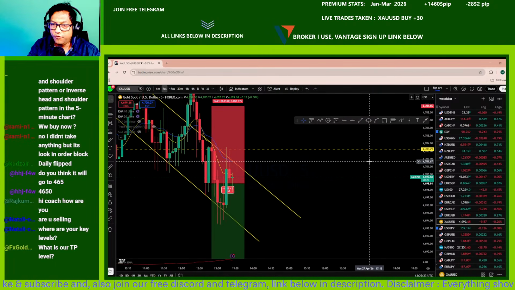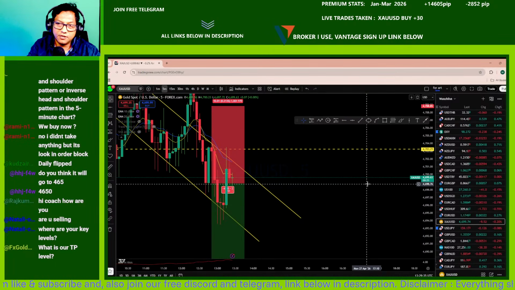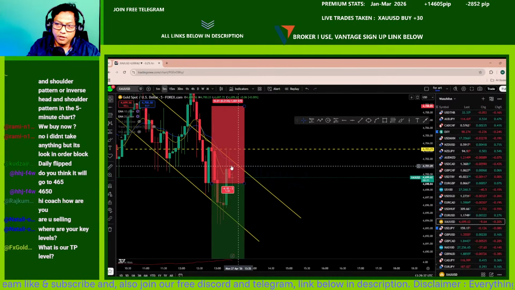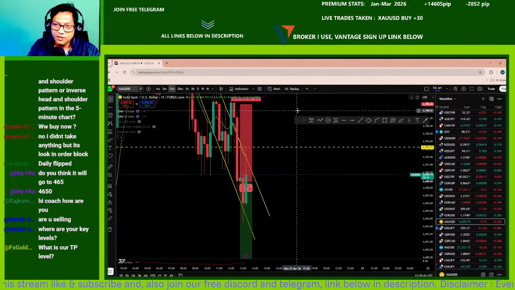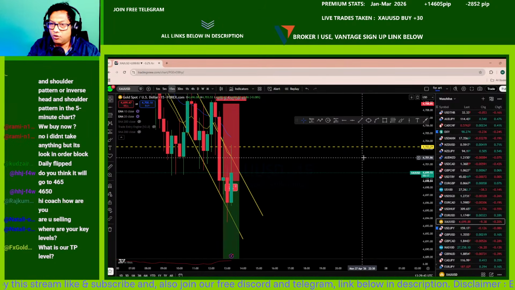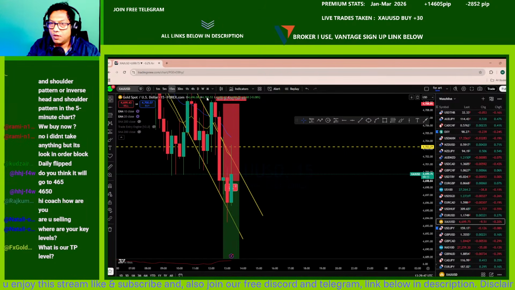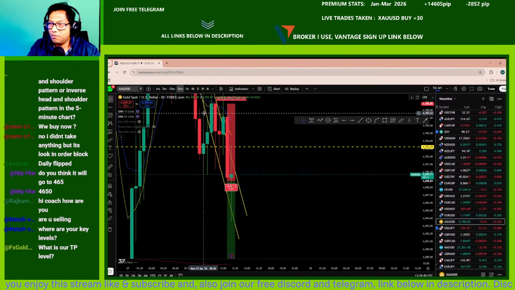If you look here, this is another area with quite a few long wick price actions that you can see, and also here is the 15 minute price action that we are seeing.